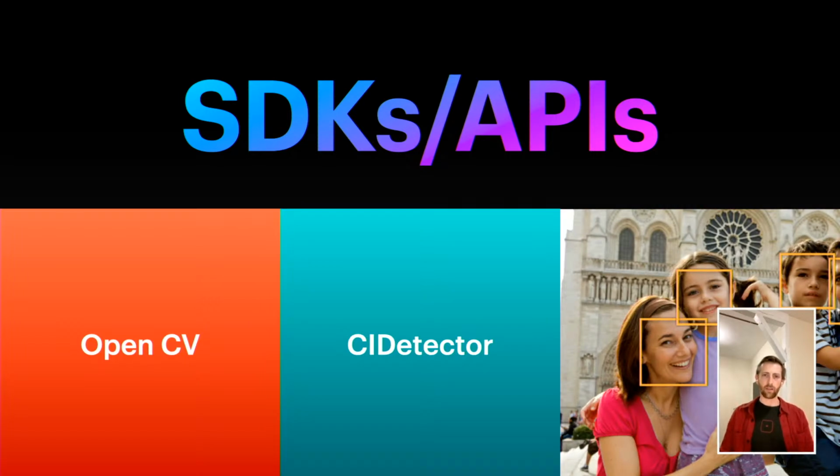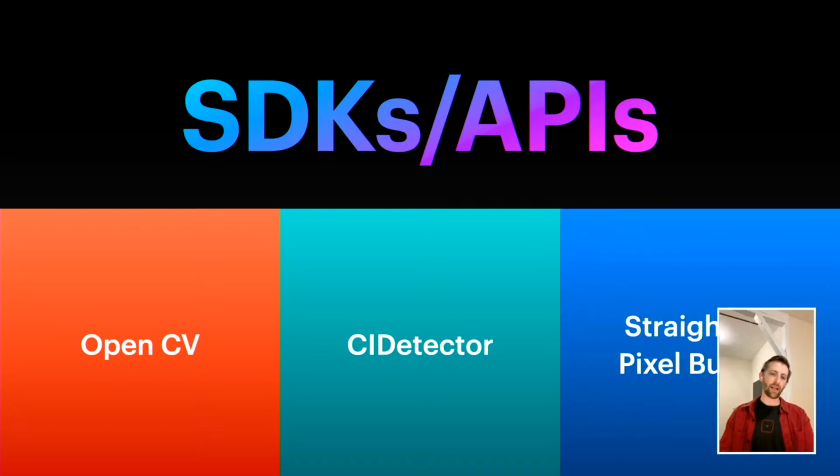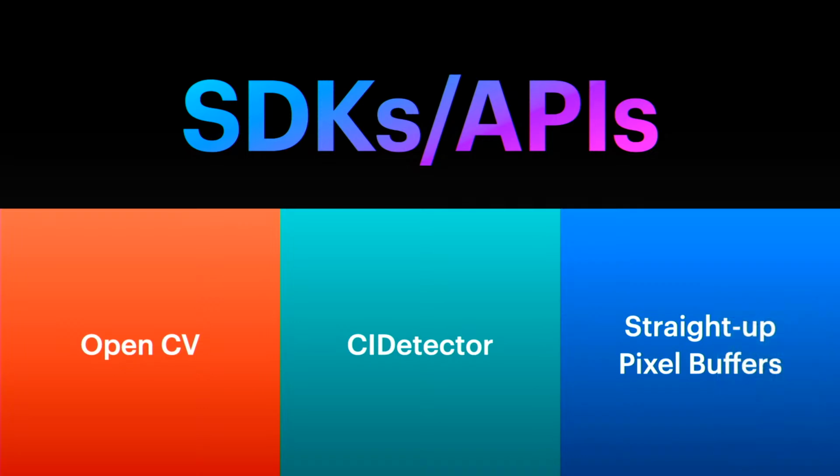Core Image Detector is Apple's built-in option, which I knew worked really well with still images, but was quite jittery with live video. And the last but not least is straight up pixel buffer. That just means the actual color values of the grid of pixels making up the image. And from that, you can do anything with enough math.